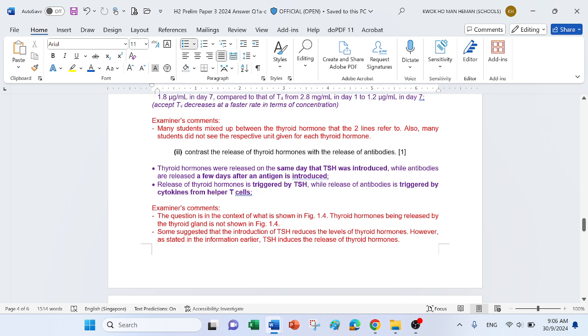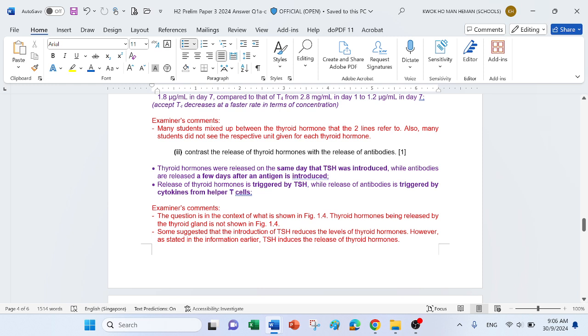But you know that for antibodies, there is a lag time of a few days for the activation of the adaptive immune system, for the B cells to change to plasma cells to make the antibodies. So immediate versus lag time. Or of course, you can talk about what is triggering the release.